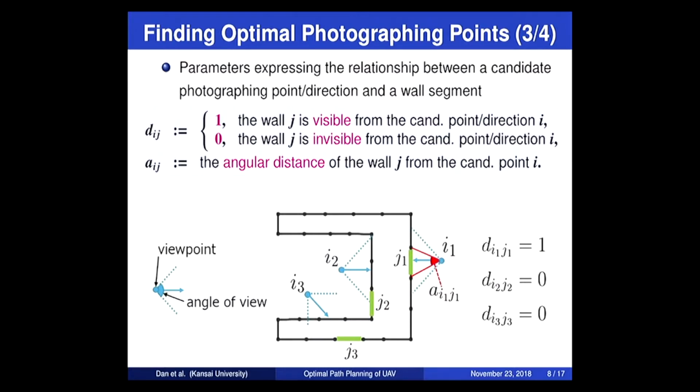If Dij is equal to 1, then the wall J is visible from the candidate photographing point and direction I. On the other hand, if Dij is equal to 0, then the wall J is invisible from I. And Aij is the angular distance of the wall J from the candidate point I. So let me explain the detail of these parameters by using this figure.